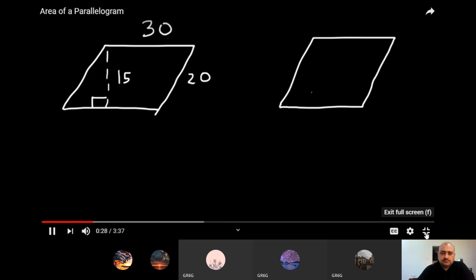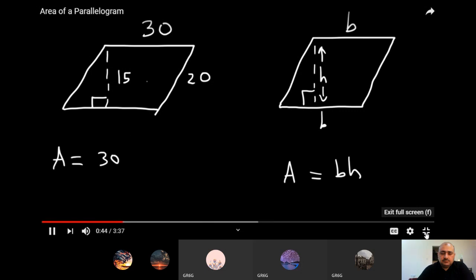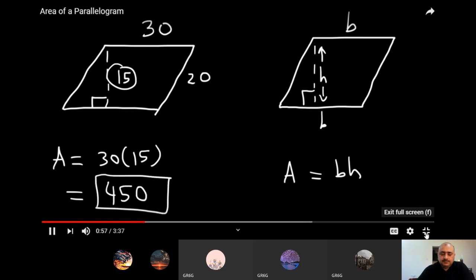All you need is the length of the base and the height, also known as the altitude. So the area is simply base times height. In this example, the base is 30 and the height is 15. So it's just 30 times 15, which is about 450. And so that's the area for this example.